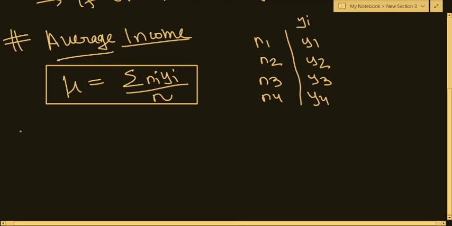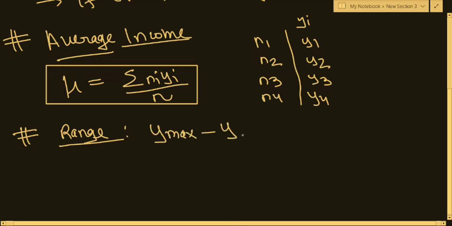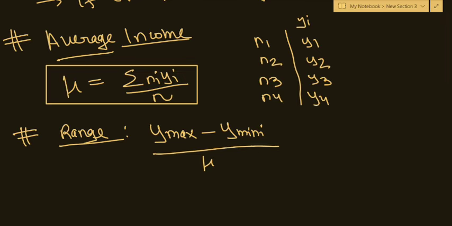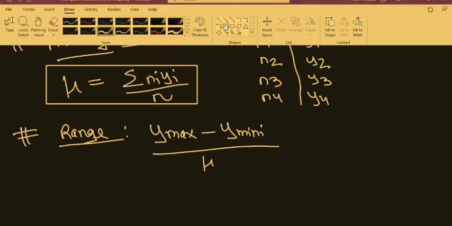Okay, next we have range. So for range we have y max minus y min, that's maximum income minus minimum income from a distribution, upon mu. Okay, so this is the formula for range.